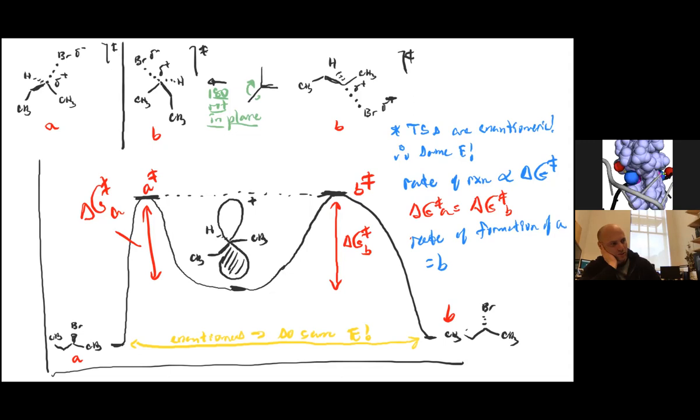So, to give you another example, this one involves the addition of Br2 to 1-butene, and we actually covered this for a little while in office hours, the lecture 22 office hours.